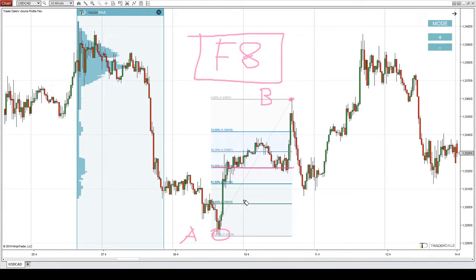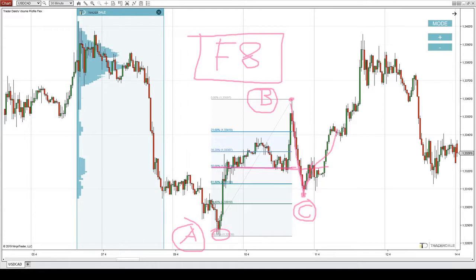So this is the A, this is the B. Now you're looking for C. And in here, this is another significant swing point below the 50% mark. So this will be the C point for you.